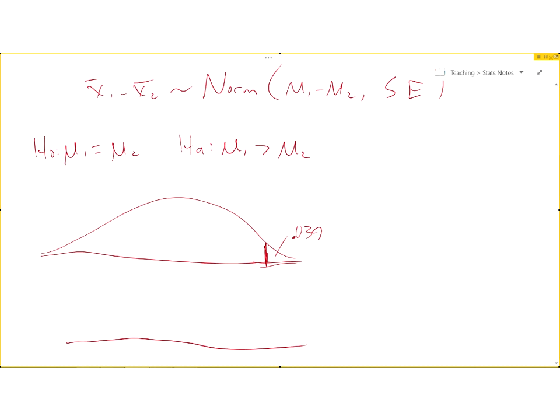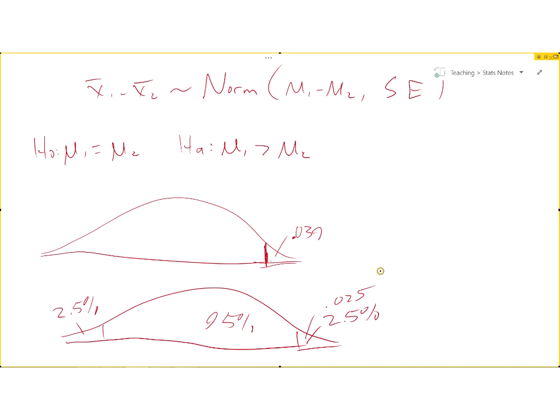When I do a 95% confidence interval, that's 95% in the middle, which is 2.5% on each tail. So in effect, this would be equivalent to a right-tailed p-value of 0.025. This would be like a significance level of 0.025.